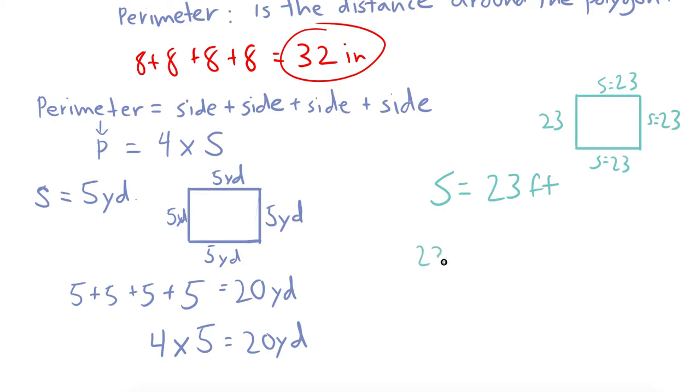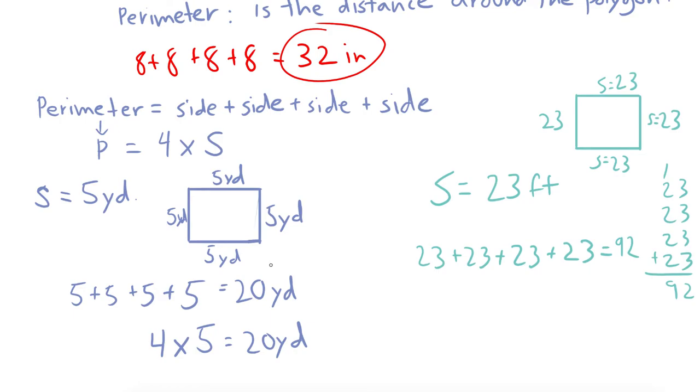So I can do 23 plus 23 plus 23 plus 23. I can do that, and that would give me what? 23, 23. If I did this, 3, 6, 9, 12. 2, 4, 6, 8, 9. So this would be 92 feet.